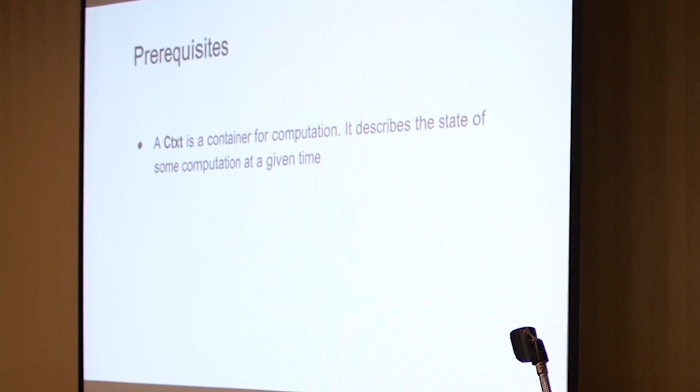A context contains a piece of code. It contains the data. It contains where the result of executing that piece of code is going to end up. It contains the arguments to the piece of code, and so it's kind of the basic piece that goes into the virtual machine.